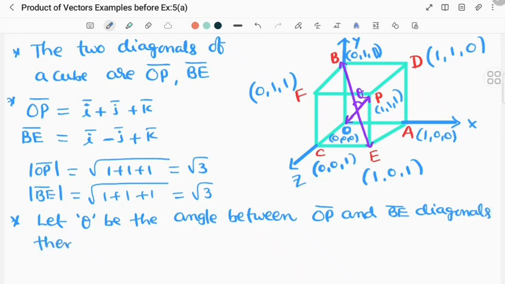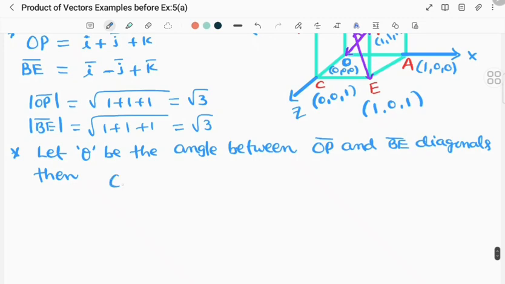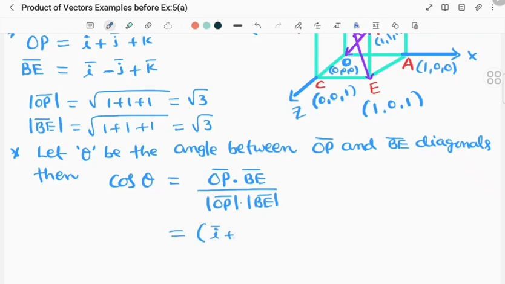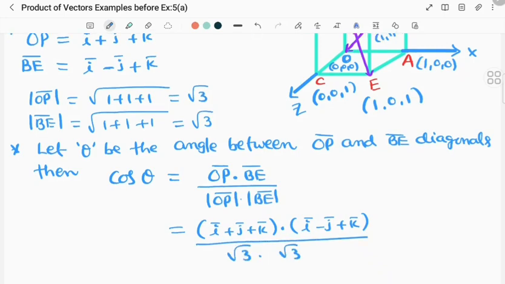Then cos theta equal to OP dot BE divided by mod OP into mod BE. So OP bar, I plus J plus K, dot I minus J plus K, by root 3 into root 3.